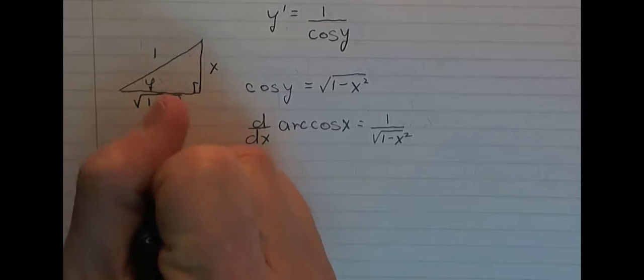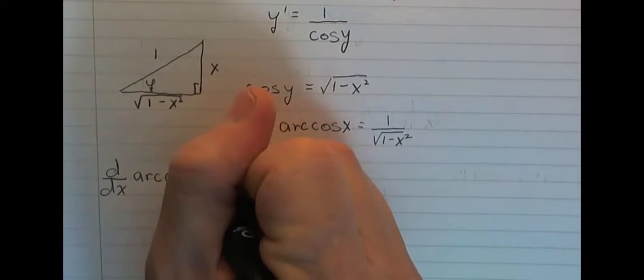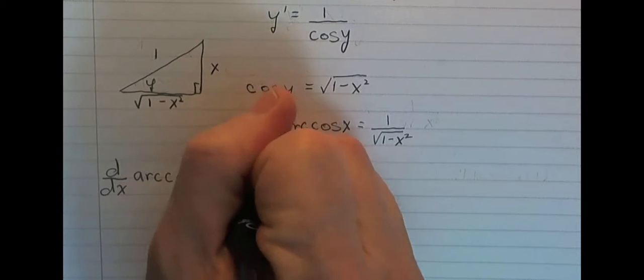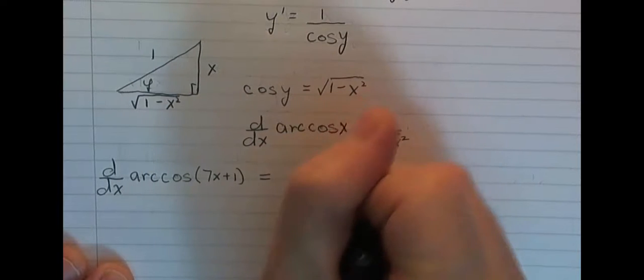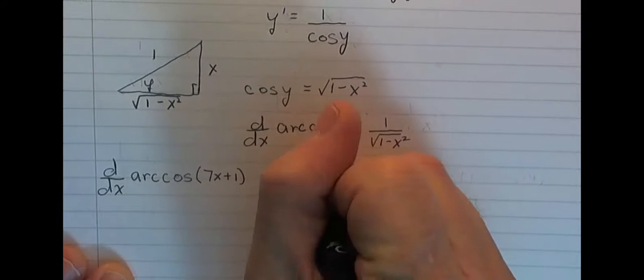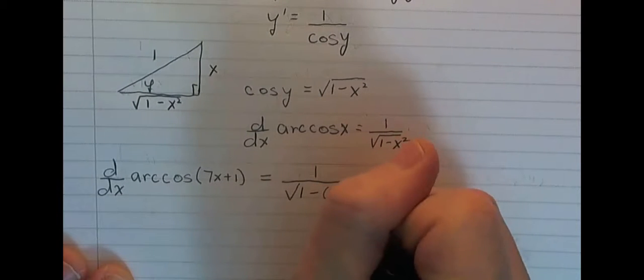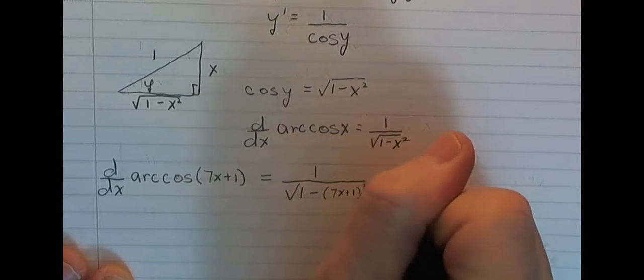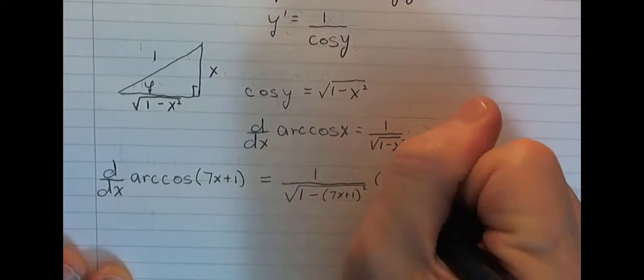Now we could use this. So let's suppose I want the derivative of arc sine of, let's say, 7x plus 1. Okay, so here we go. I've got 1 over the square root of 1 minus, not x squared, but (7x plus 1) squared, times the derivative of 7x plus 1, which is 7.